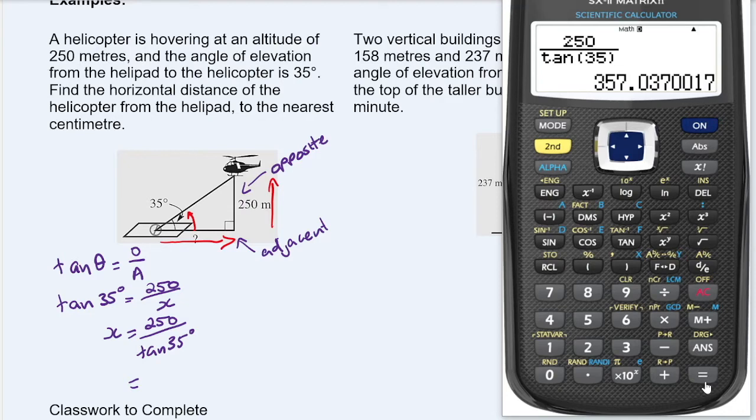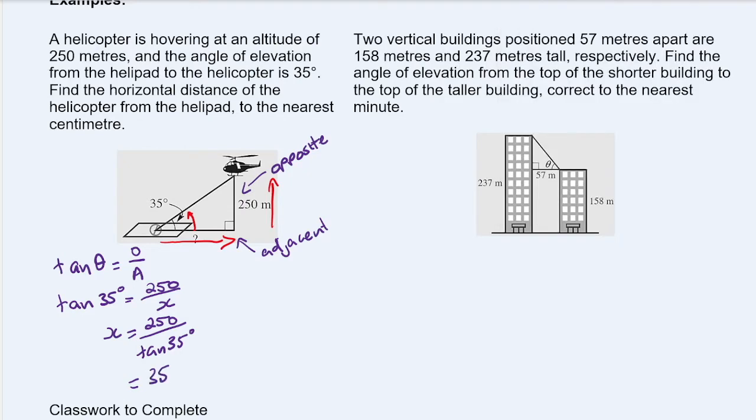So what we're going to do is write down a couple of decimal places. So that's 357.037, and that's in metres. Now we're going to have to go up a little bit here because I'm running out of room. So this in centimetres is going to be multiplied by 100 because that's what you do to metres to get centimetres.